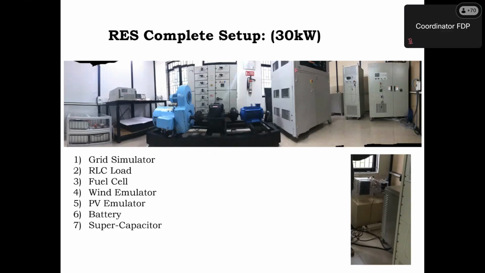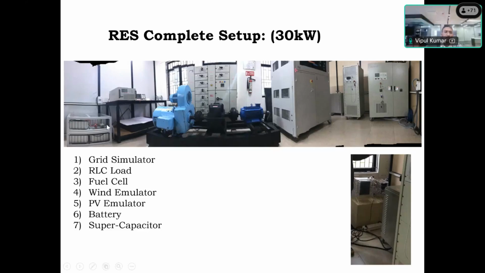So you can see, this is the complete renewable energy based system, a 30 kilowatt system. You can clearly see in the middle of the picture, the motor and the generator. The light blue color is the DC motor and the dark blue color is the PMSG, and in between we have the gearbox.